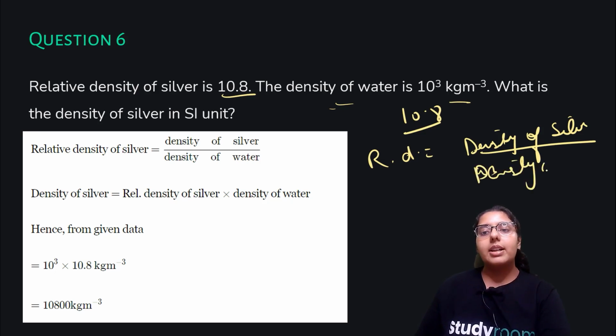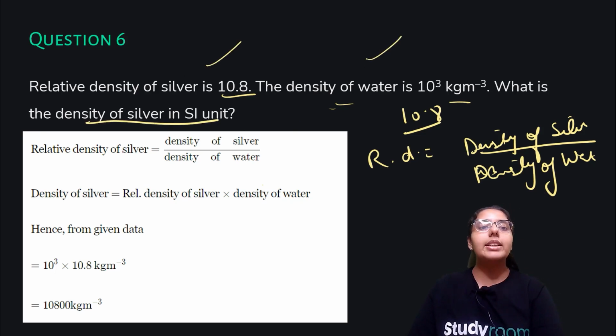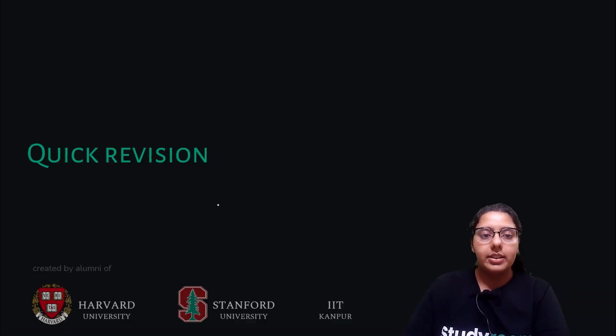So here our substance is silver. So relative density is density of silver upon density of water. So density of silver is relative density of silver into density of water. And we are given the relative density of silver and the density of water. We can calculate the density of silver in SI units by just plugging it in the formula. So this is how we calculate it.